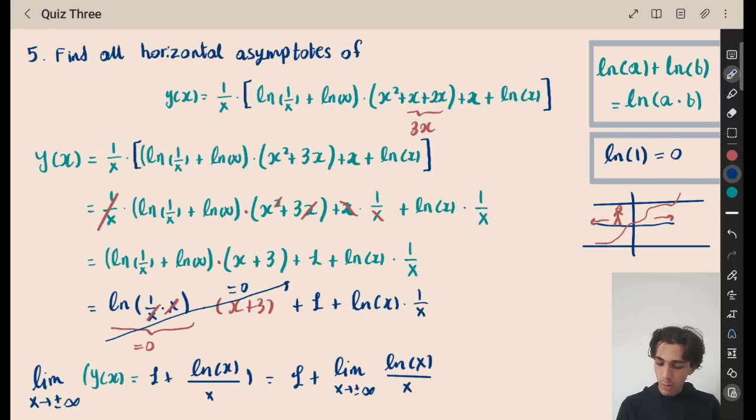So in that case, x wins the race, and we go to 0, because you're dividing a small number by a very big number. And so we get 1 plus 0, which I think is, I was going to say 0, but now I've changed my mind. I think the answer is 1, but I might need to check. So just give me a moment.